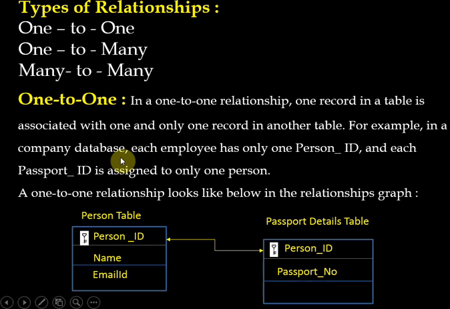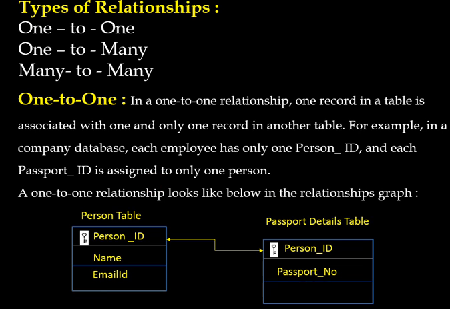That register number is given to only one person, so it is unique and will not be given to another person. So we can easily identify that student by their roll number or register number.